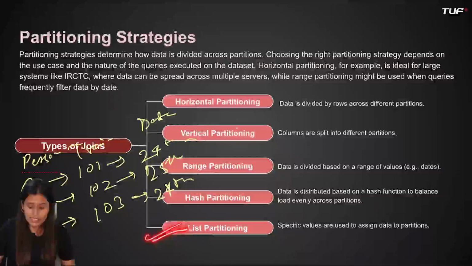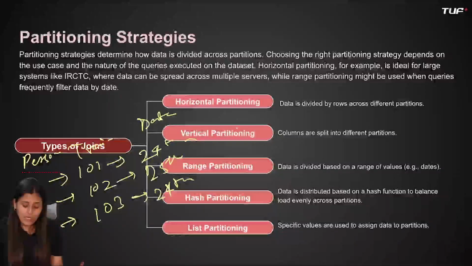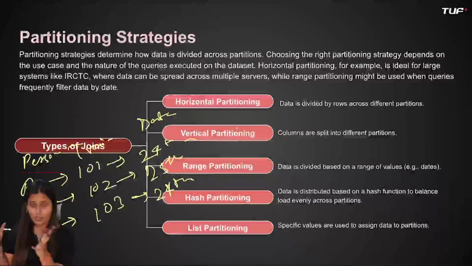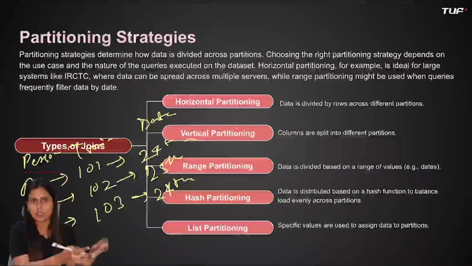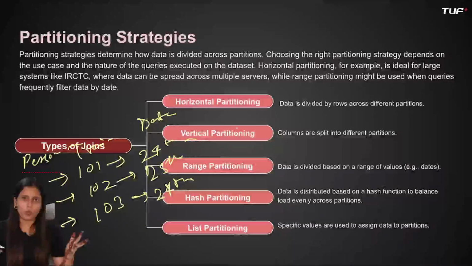List partitioning is also similar to horizontal partitioning, but here we will be giving some values, and for all the rows, for the particular column, we will check for that matching value. If it matches, then we will list those rows in another list and so on. You can say the premium train or the general train, right?